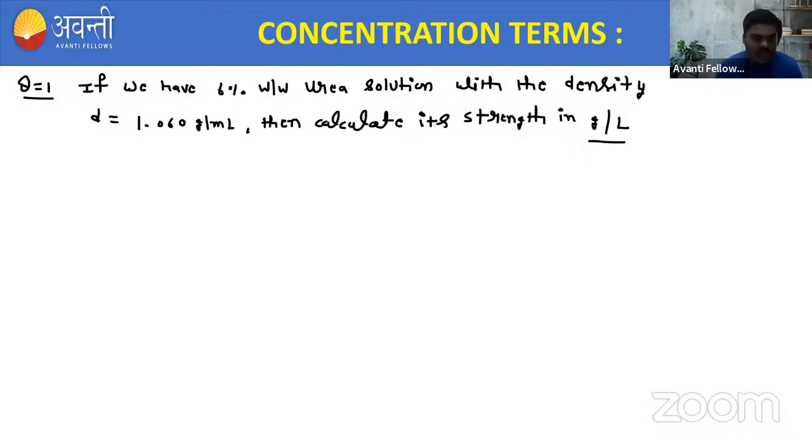Can anyone tell me how will you find this? 6% weight by weight. What do you mean by this? It means 6 gram of the solute present in 100 gram of the solution, right? So we have a density for this solution. So how will you calculate this? Can anyone tell?